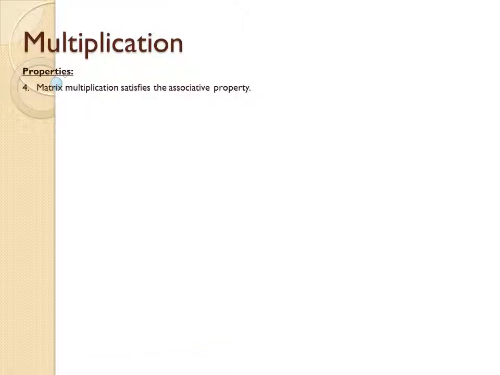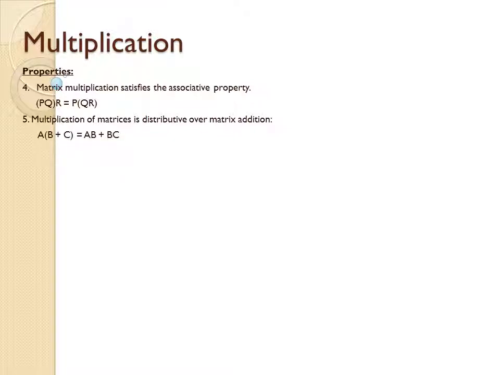A few more properties. Matrix multiplication satisfies the associative property. That is, if P, Q, R are all different matrices, then PQ into R equals P multiplied with QR. Multiplication of matrices is distributive over matrix addition, that is A multiplied with B plus C, then it is AB plus AC.